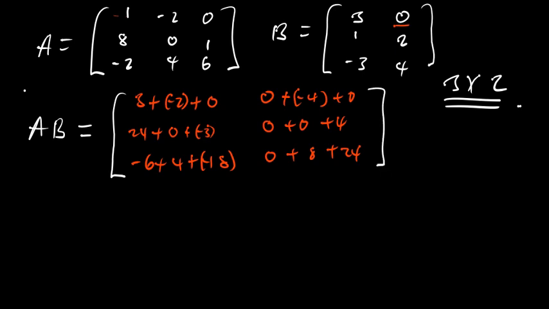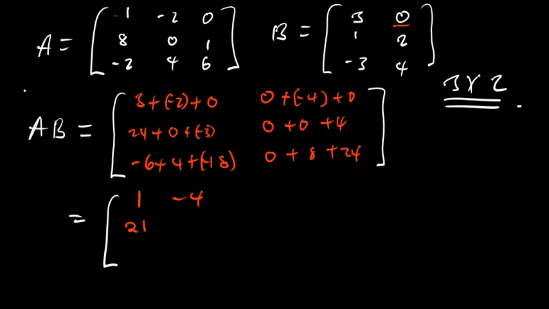So then I can start now adding these. Let's see. So this is 3 minus 2, which is 1. Then 24, I can even do this one first. That is going to give me -4. 0 plus -4, -4. Then 24 minus 3 should be 21.